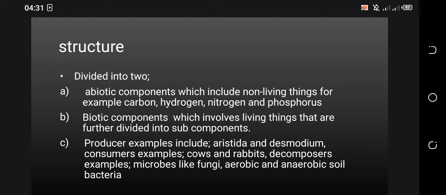Decomposers feed on decayed organic matter, thereby releasing nutrients to the soil, which will further be used by the same plants to make food and proceed with other processes of food making, thereby sustaining the cycle of feeding in this particular ecosystem.